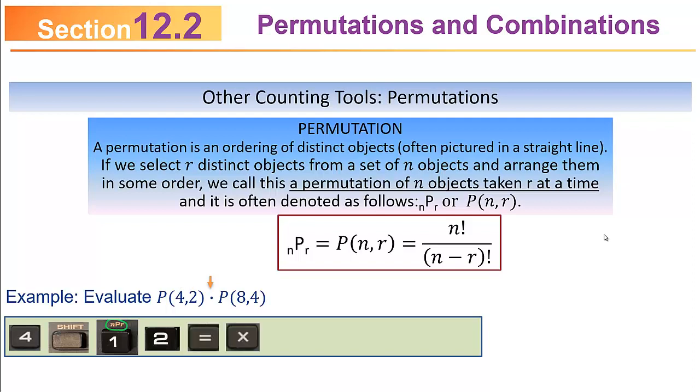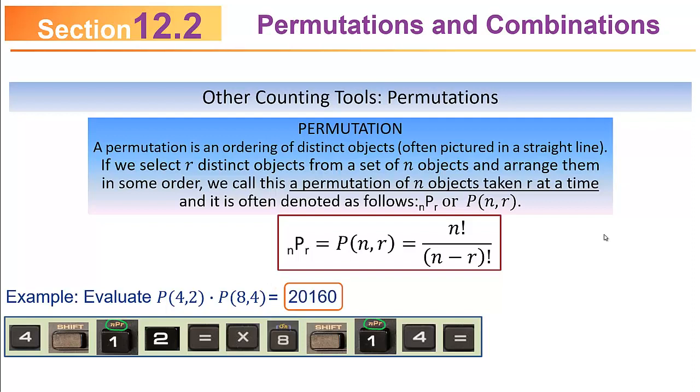Then you do the multiplication symbol. Then you do a permutation of 8 things. So you press 8. Then you do Shift 1 again. Then you press 4. And to make it do the calculation, you press equal. And you'll get 20,160. So that's just practice using the calculator with permutations.